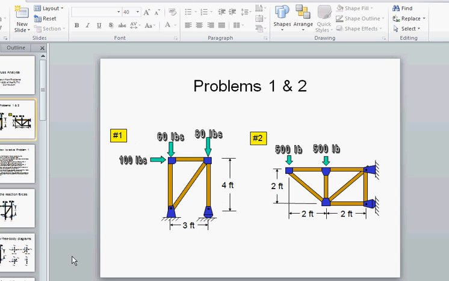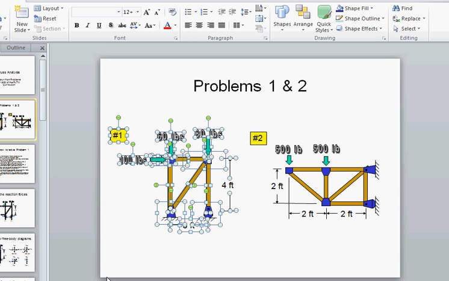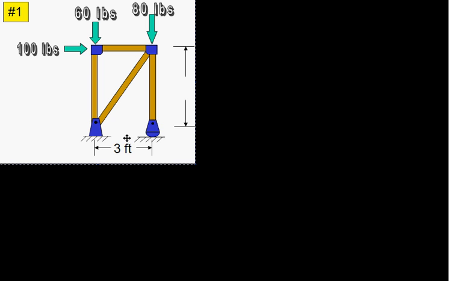So let's see, I can just select all those, copy, and I'm just going to paste that right in here. We're not going to need that for too long, because we're basically going to redraw the drawing and then get rid of it, but we can put that up there for now. Okay. So, what do we have going on here? Oh, by the way, there's a 4 right there.